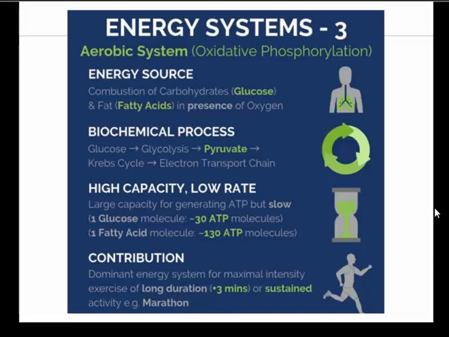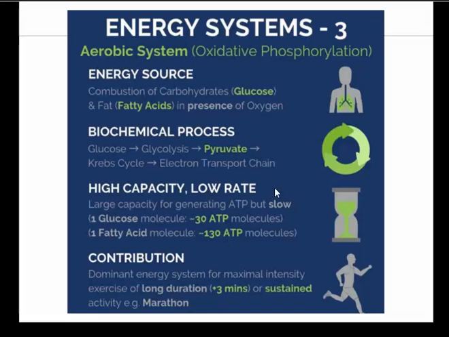We see energy source, combustion, which means destruction or use of carbs as glucose or fatty acids in the presence of oxygen. We see this process here, which we'll learn about, so I won't spend time on it, but we take glucose, put it through glycolysis. We already know that phase. We get pyruvate. Now we're going to talk about how pyruvate goes through the Krebs cycle and then the electron transport chain.